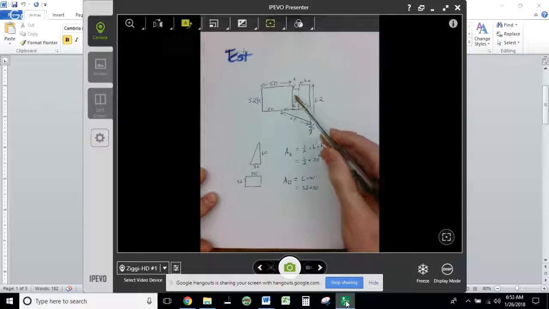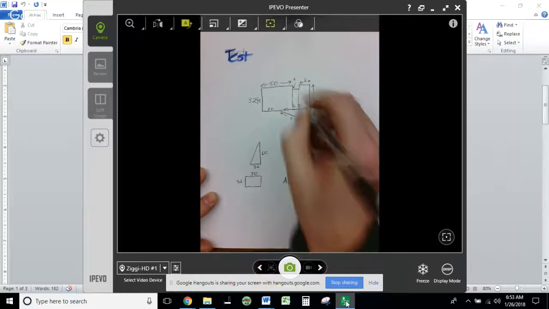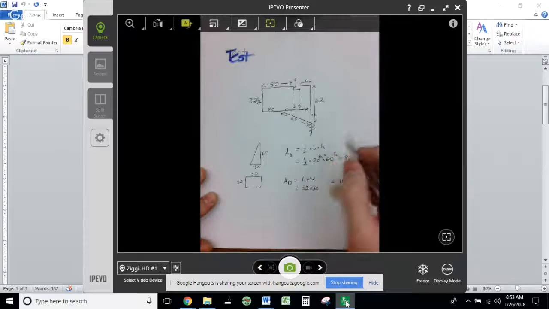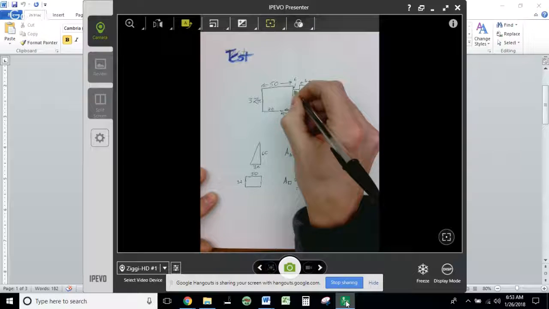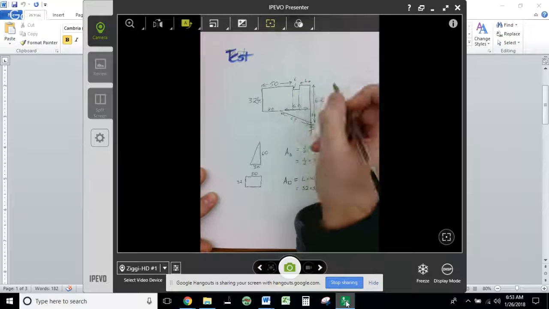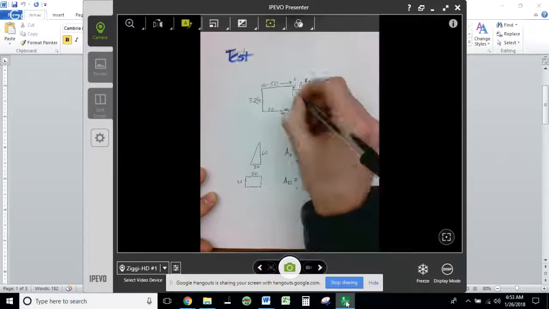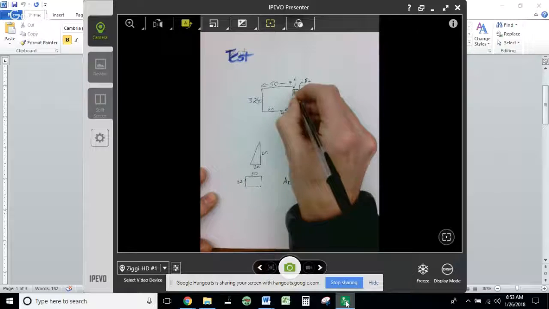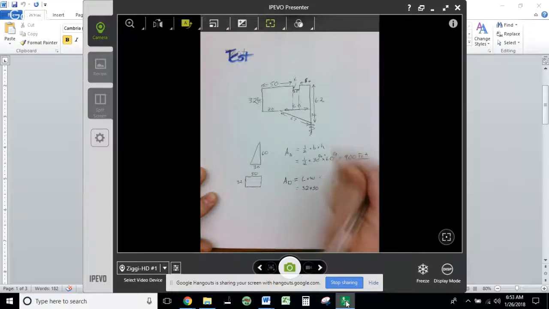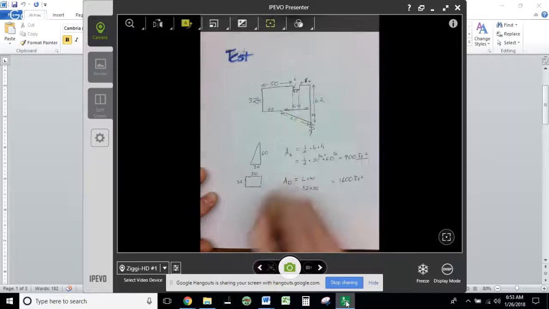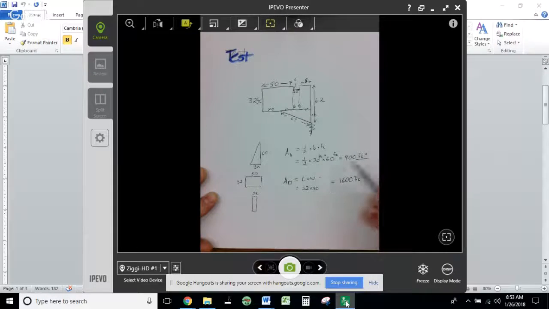We have another rectangle over here, but we need to figure out what its dimensions are. We know this was supposed to be 24. This is 80 total. Sorry, this was 8, and this is 22. From there to there, 22. So we have 22 by, how tall is it? So we've gone up 32, down 6.